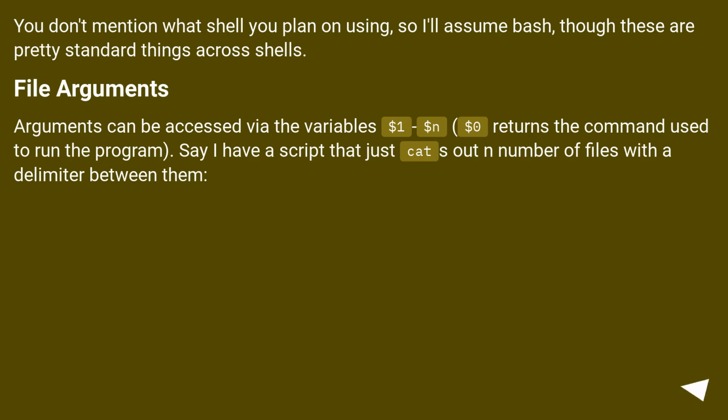You don't mention what shell you plan on using, so I'll assume bash, though these are pretty standard things across shells. File arguments. Arguments can be accessed via the variables $1, and $0 returns the command used to run the program. Say I have a script that just cats out n number of files with a delimiter between them.